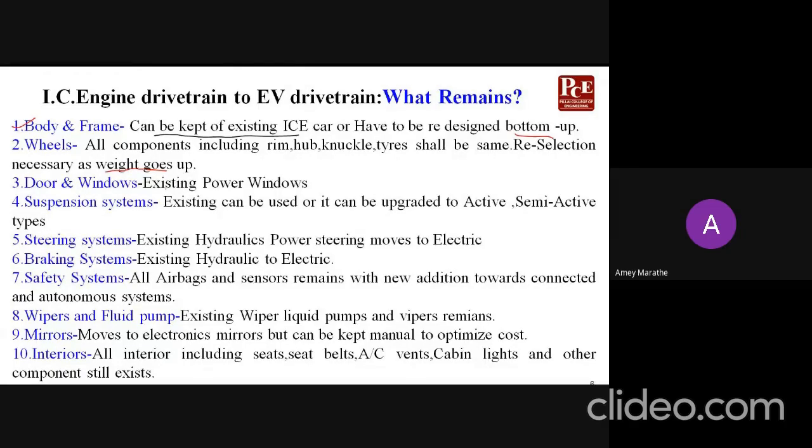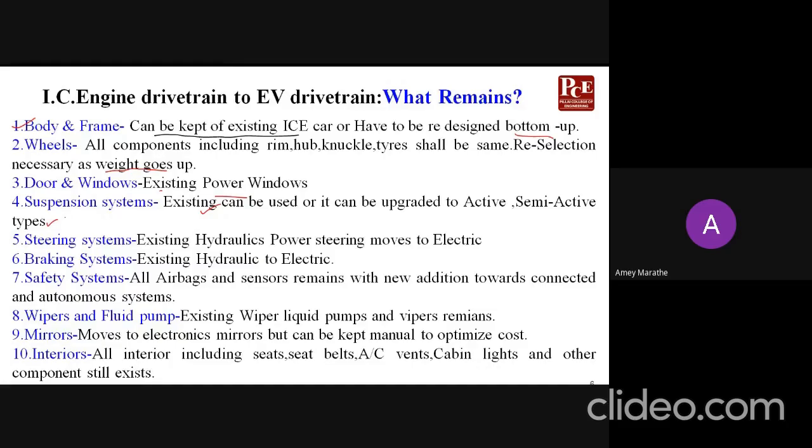Third, doors and windows. Existing doors and windows will be there, or we can have power windows, because we have the electric capability now. Suspension system, either we can use the existing one, or upgrade it to active or semi-active types. We use passive suspensions in the majority of IC engines.